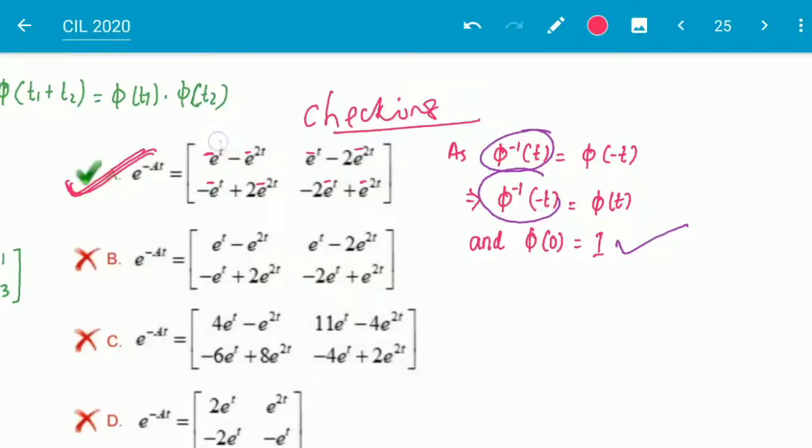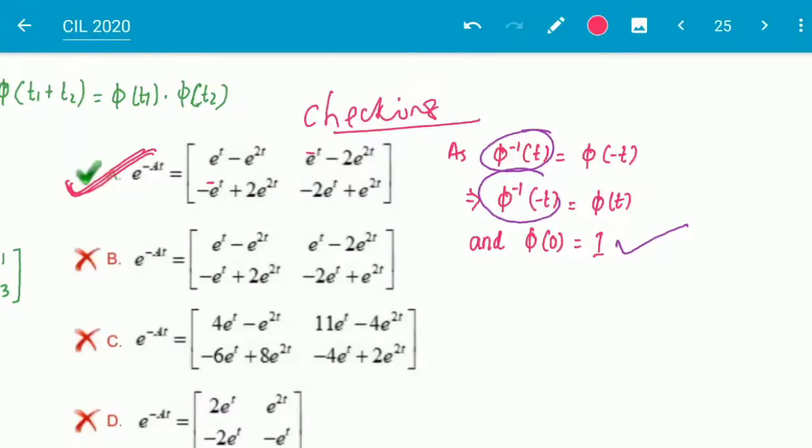If t is equal to 0, then this term will be 0, this term will be 0. That means the whole term will be 0, and this is not an identity matrix. So option A is incorrect. If this were 1, then it may be correct. So from this we can say that this is not the correct option.